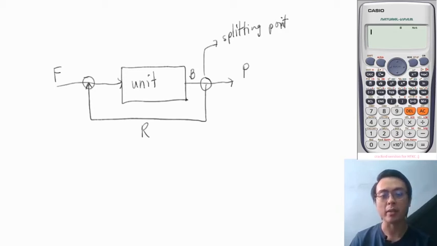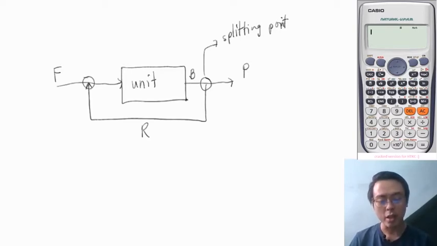Then you divide stream B into 2 streams, stream P and stream R. This is called a splitting point because its primary purpose is just to split or divide the stream, not necessarily into equal portions. You just have to separate your recycle stream from your product stream.